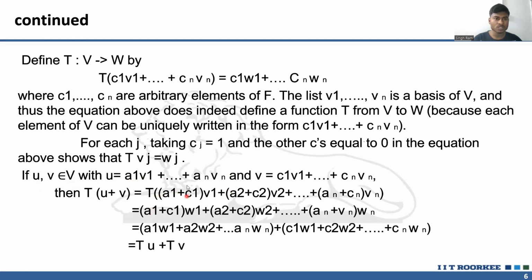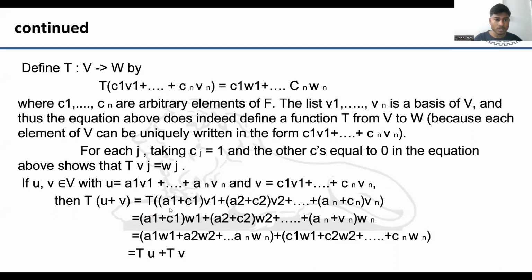Since we have already defined this transformation, we can put a1 plus c1 times w1 plus a2 plus c2 times w2, and here we are using the distributive property in the opposite direction, right? By this, if we add u plus v, then this can be written as a1 plus c1 multiplied by v1, and all their components can be written like this.